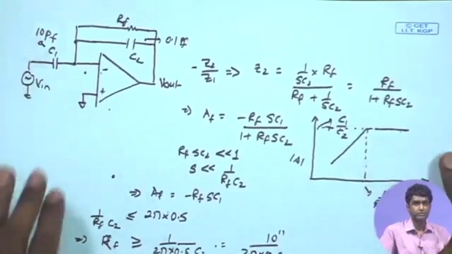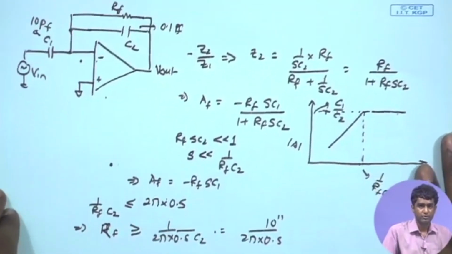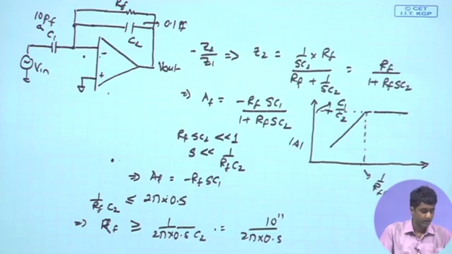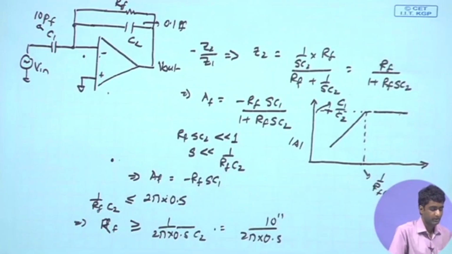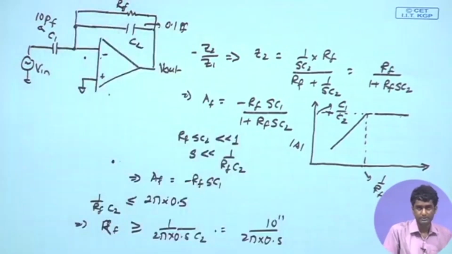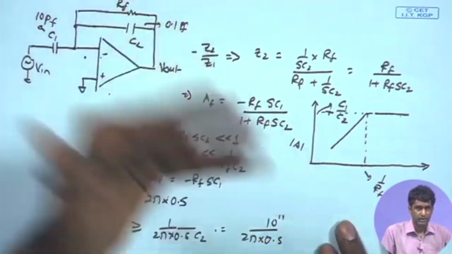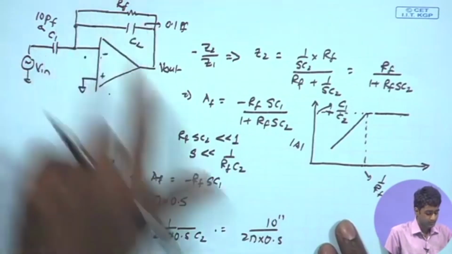Here we have just looked at the frequency limitation, trying to make sure that the R_F value we are choosing is in line with our frequency and bandwidth specification of the amplifier, and then we arrived at this huge value. Then we have to look at the circuit implementation. How do we really go ahead and implement this using transistors? Another point that we noted was, if you have a large R_F value, the equivalent feedback contributed by R_F will be small.